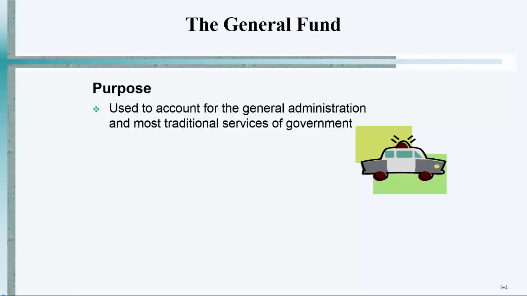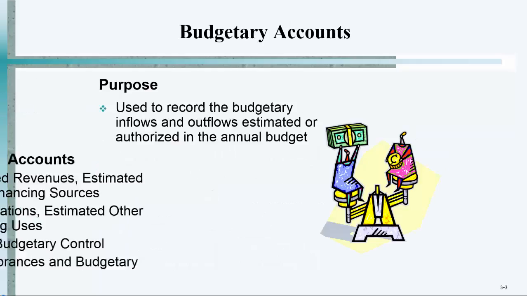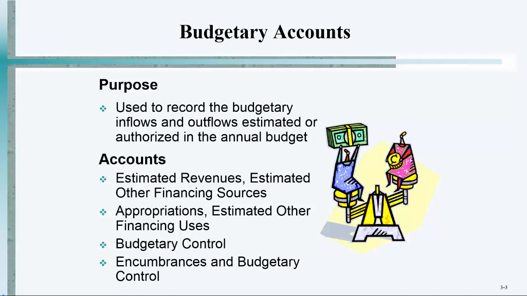So what happens? We have our funding, and our funding is for our various programs. Remember, we've talked quite a bit about public safety, for example. When we have these programs, we have to live within our budgetary constraints. We get funding that comes in through revenues like our taxes, but we also need the authority to spend those funds.